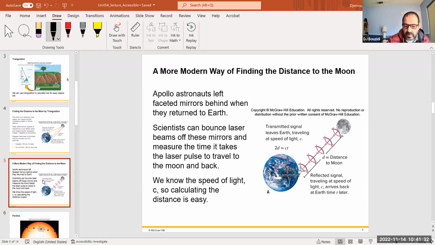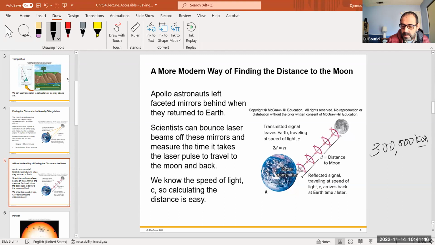Another technique for the moon that is actually powerful: you send a beam of light, which travels at the speed of 300,000 kilometers per second. The moon today, we know, is 384,400 kilometers from the Earth.